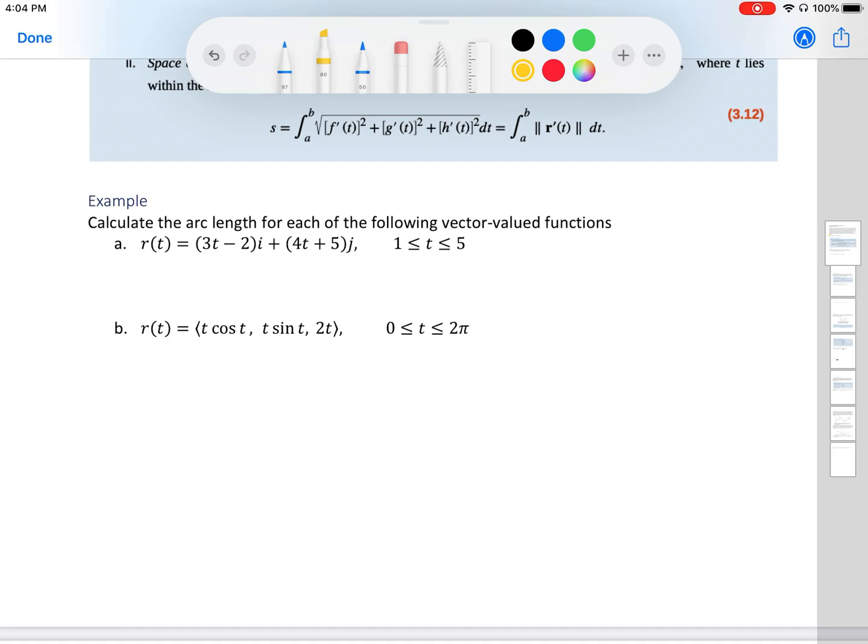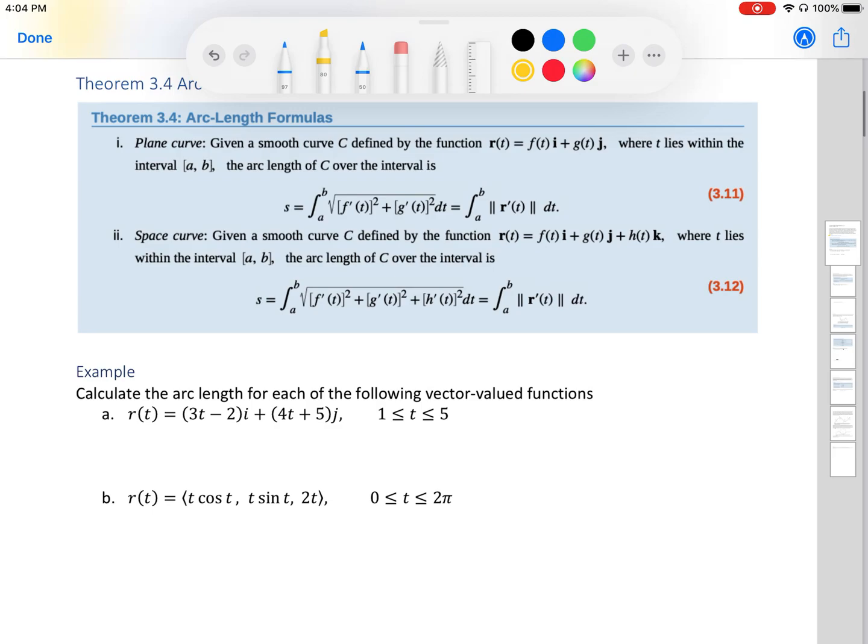Example A is fairly easy. So our example reads, calculate the arc length of each of the following vector valued functions. For A, we have r of t equals (3t minus 2) i plus (4t plus 5) j over the closed interval [1, 5].